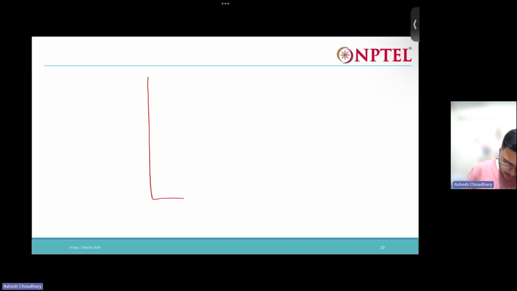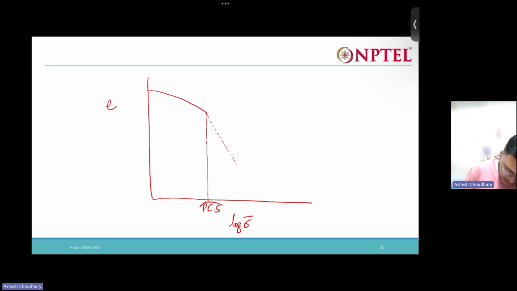This is the void ratio, and on this side we put log of effective stress. Initially the graph is something like this up to a particular point. After that the graph becomes straight like this. This point is nothing but the pre-consolidation stress. In this region the soil is over consolidated.